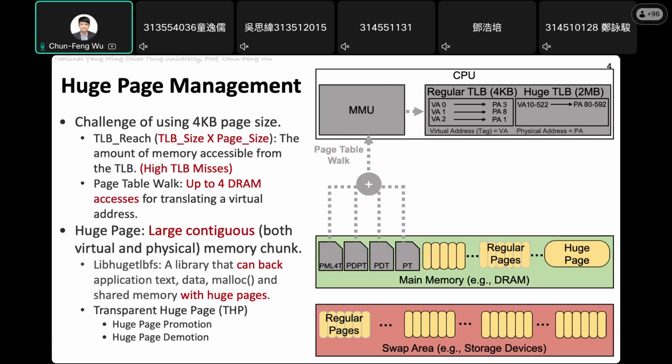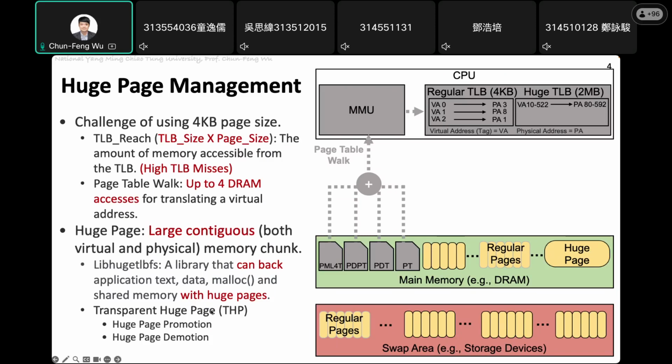When you are writing a C or C++ program, you will not really care whether you are going to use a huge page or not. So libhugetlbfs is not really popular, because most programmers do not care, and even huge pages come in different sizes. So it is a little bit complex for the programmer to do this kind of stuff.